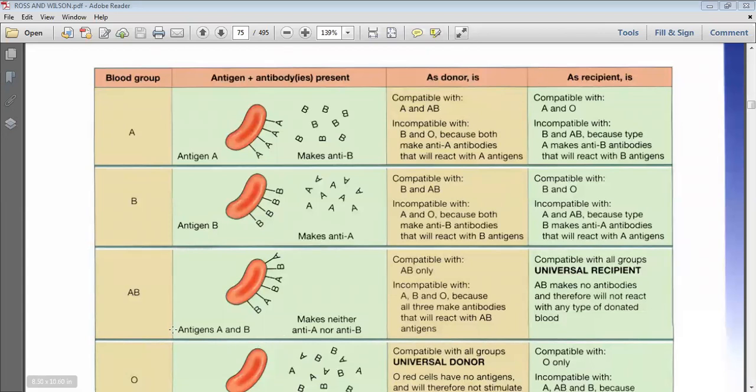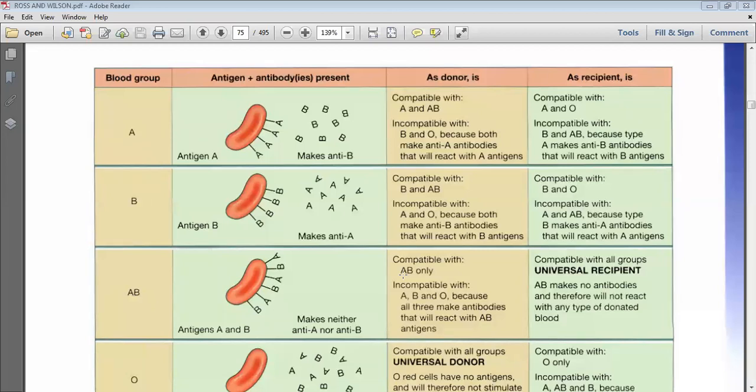The blood group AB, the antigens A and B are present on the surface of the RBC. So here you can see the B is present, A is also present. All these are present on the surface of the red blood cells, and that makes neither anti-A nor anti-B. So this will be compatible with the blood group AB only as a donor.